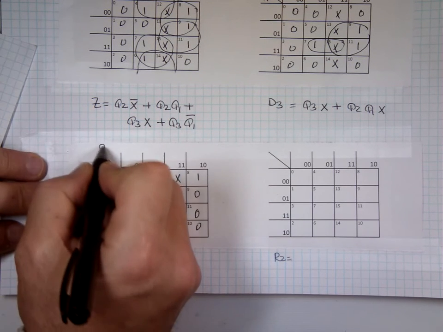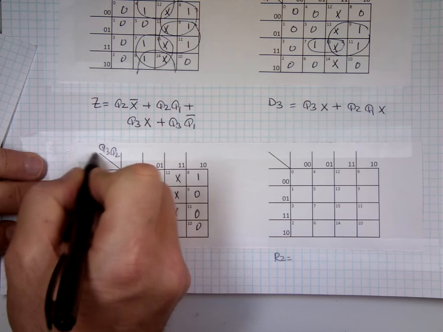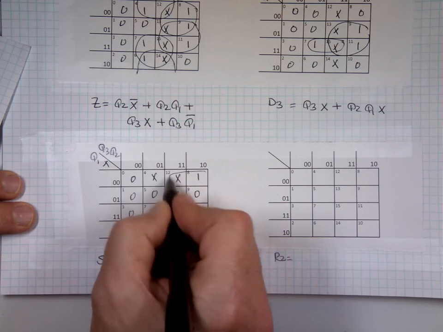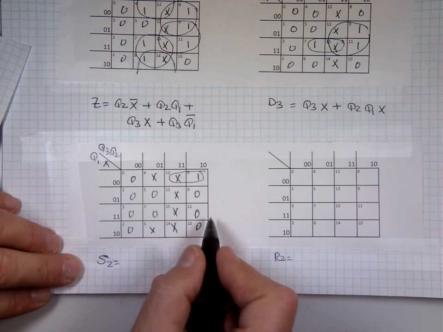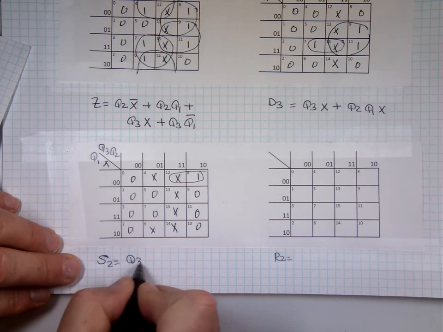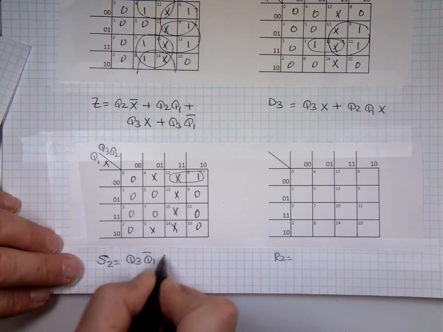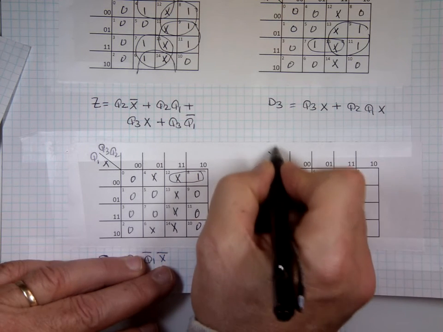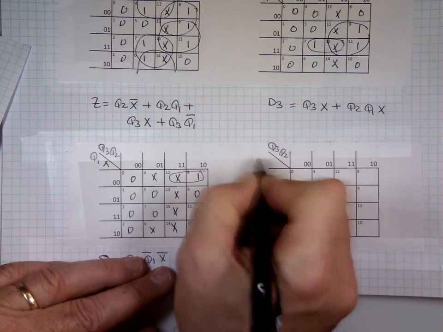Q3, Q2, Q1, X. If I'm seeing it right, there's only one group. And that's what? Q3, Q1 bar, X bar. Q3, Q2, Q1, and X.